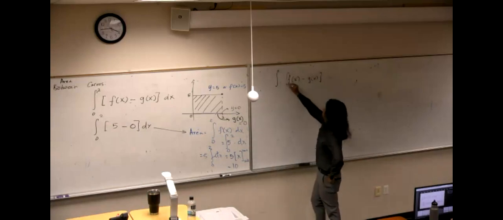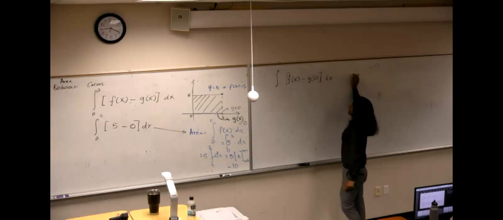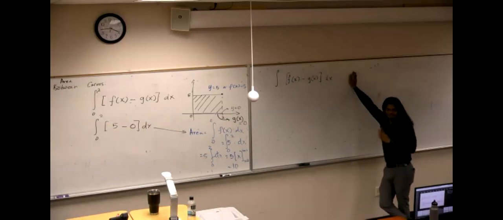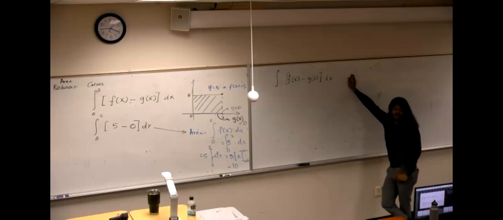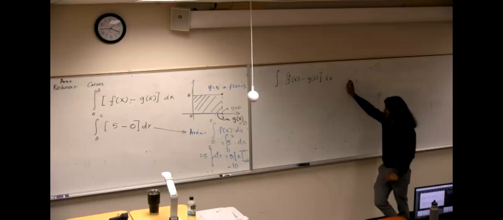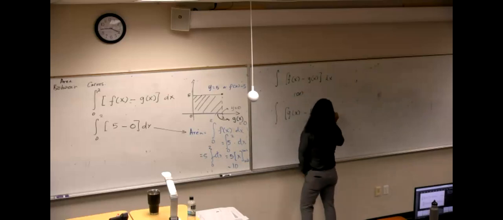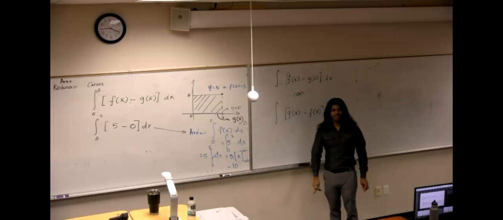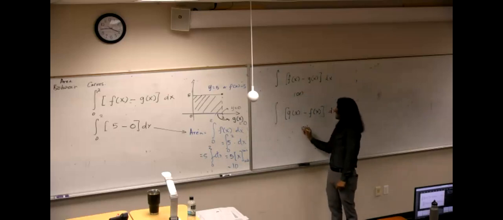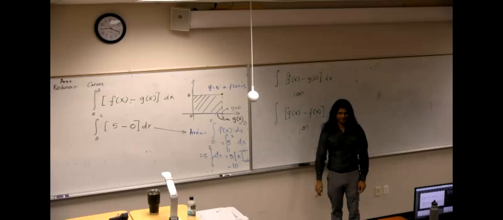So if you Google or Bing search, you will see f of x minus g of x. Some might write it as g of x minus f of x. If you want to be more formal, there's another way to write it. Any thoughts?